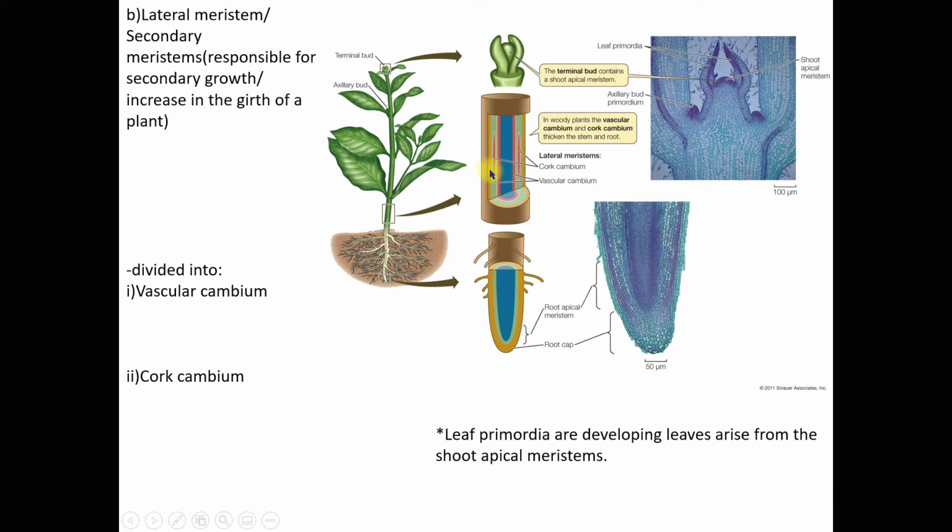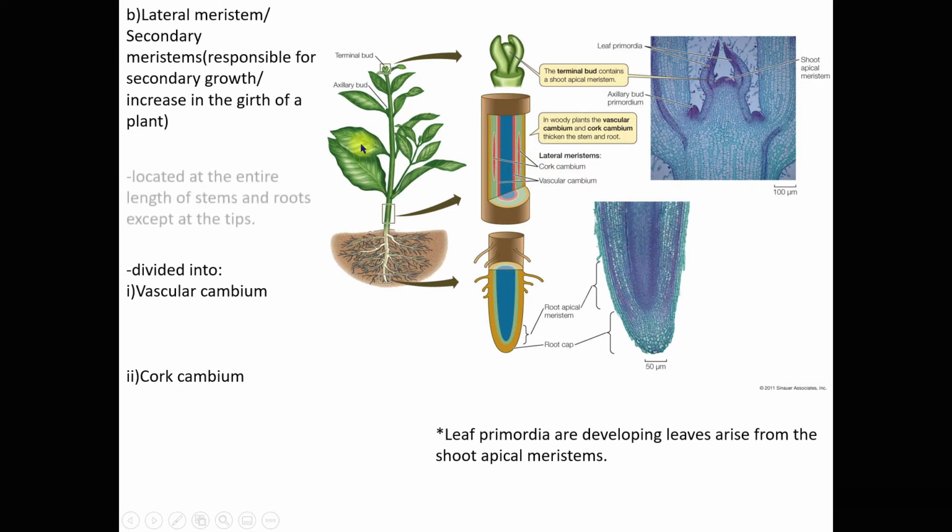Maksudnya primary growth ditambah kepanjangan, ini menyebabkan tumbuhan itu meninggi. Secondary growth dia menyebabkan bertambahan size diameter stem atau diameter akar tumbuhan. So dia membesar lah, dia melebar.